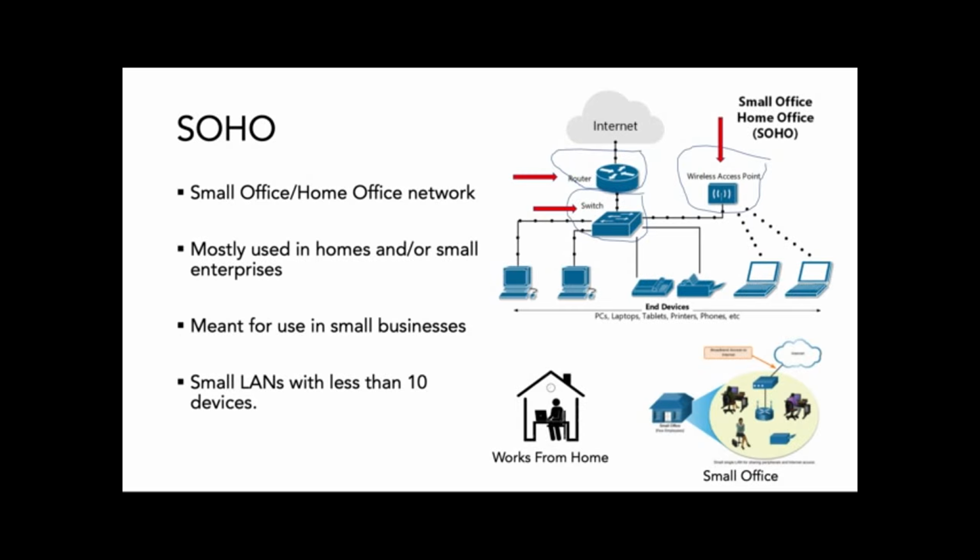So a SOHO network might also include, this is another important point, a firewall to prevent attacks from outside, for example from the internet. However, most SOHO networks today would use a single device, often labeled as a wireless router, that will include all those functions which I have pointed out. You can see these devices are available at your home.